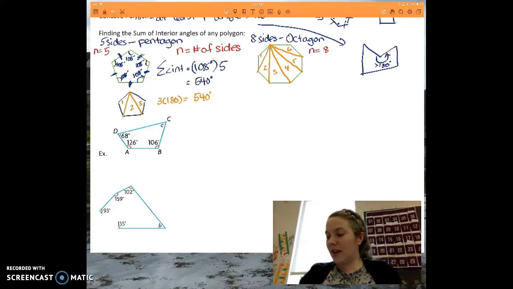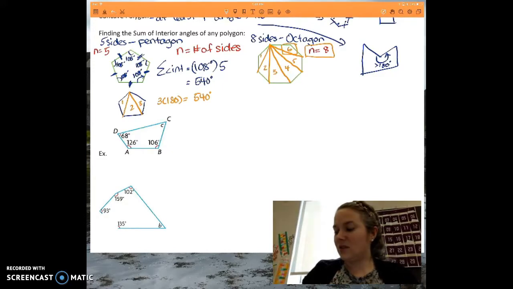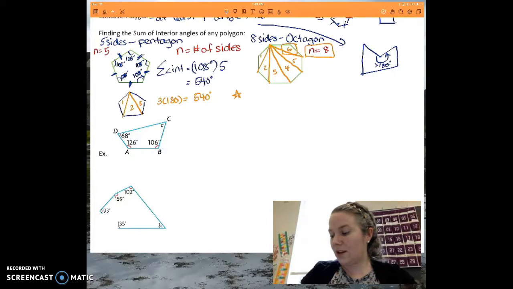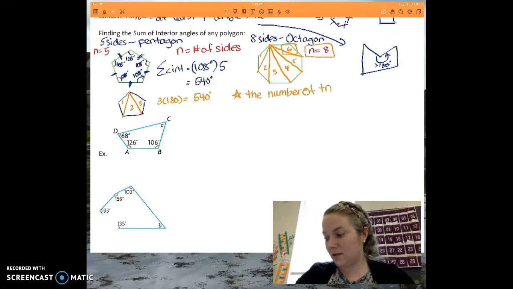So do you see any connection between the number of triangles and the number of sides? You'll notice, okay, the number of triangles is always 2 less than the number of sides.